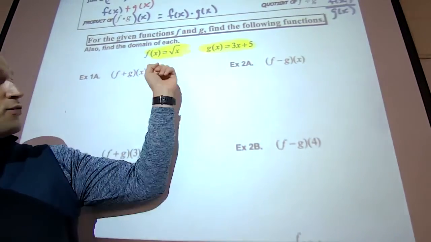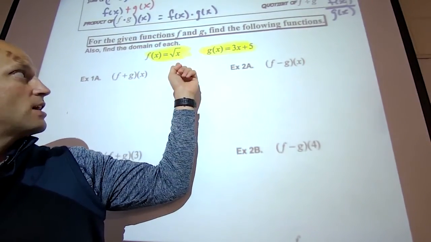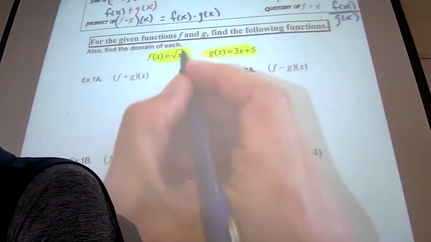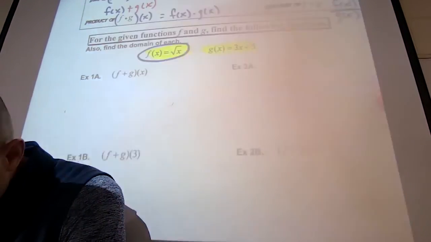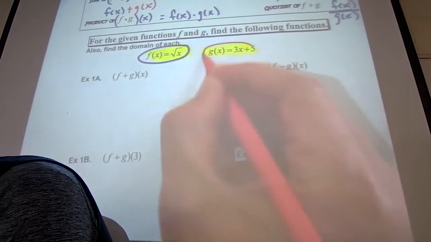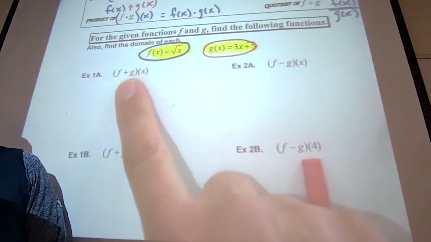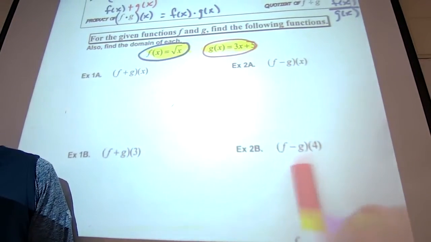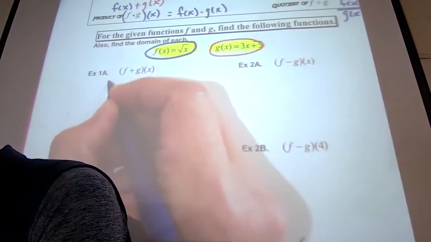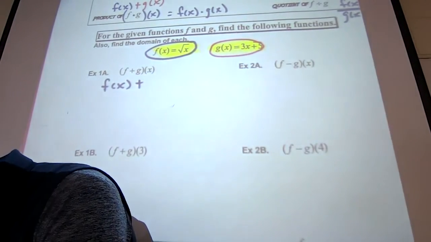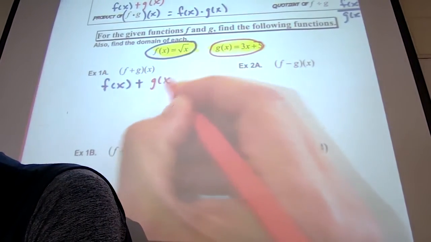All right, guys, so these are the two functions I got. I got the square root of x is f of x, and g of x is just 3x plus 5. I'm going to do f of x in blue here, and then g of x I got in red. Okay? So the first one they have is what's f plus g of x? And if you want to, you can just rewrite it. You don't have to. All you're doing is you're taking f of x plus g of x.